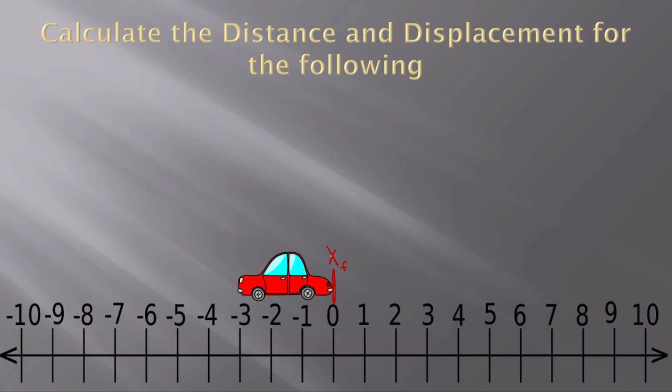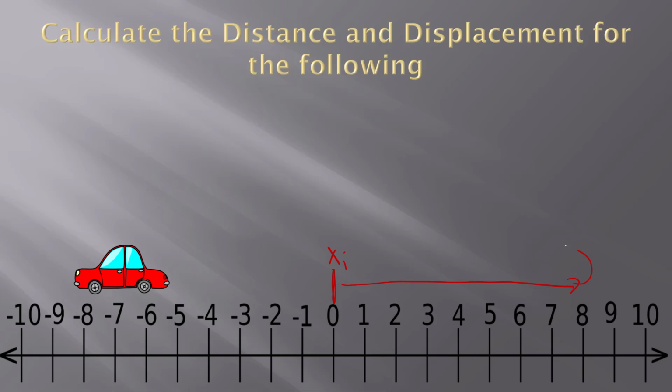Let's go again. Okay. We've got the car starting here. Oops, that's supposed to be the initial. And let's see what happens here. That got a little bit more complicated. So it went all the way out, I think about the 8, and then came all the way to about right there.